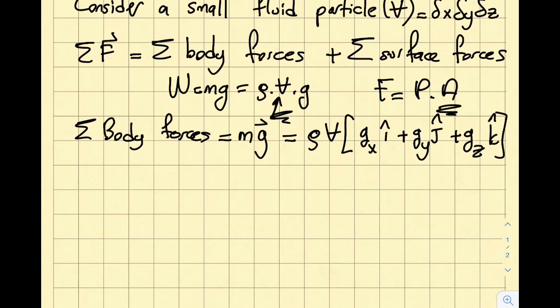What do I mean by g_x, g_y, g_z, or i, j, k? Gravity is a vector, with components in x, y, and z. If you align your coordinate axes so that the z direction points up, then g_x will be 0, g_y will be 0, and g_z will be minus g. In SI, that will be minus 9.81.